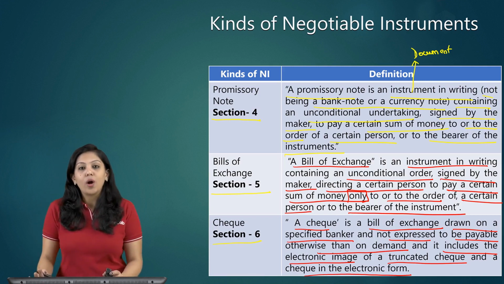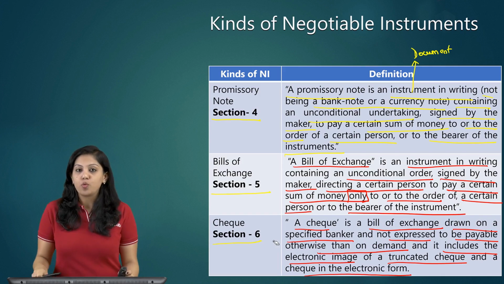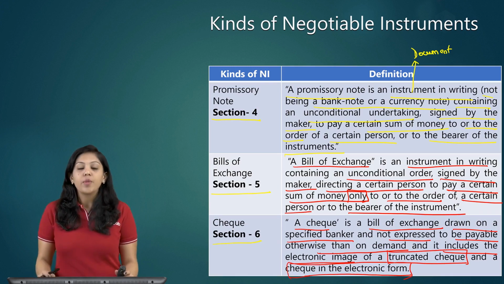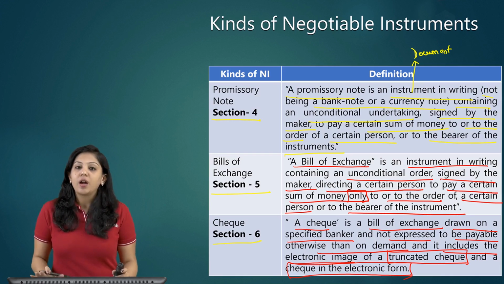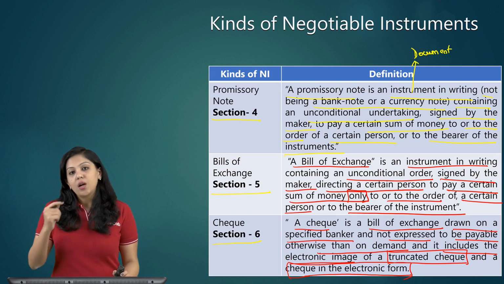Here, one point to be noted is that in the year 2002, the definition of check was amended. The definition was enlarged to include a truncated check and a check in electronic form. So what is a truncated check? A truncated check is nothing but a scanned copy of a physical check. This is used from one bank to the other, that is, between the collecting bank and the paying banker during the clearing cycle.